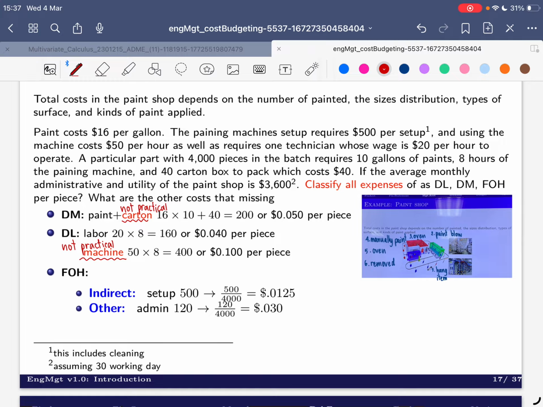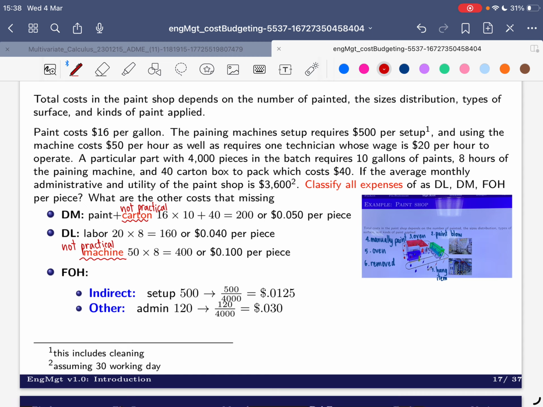If you work in a perfect world, it's possible. But typically, you don't really count how many cartons you use. And in one day, of course, you paint many products. This is not going to be practical, but for the purpose of this question, yes, I can check, because in this situation, for one day, we do only one product.